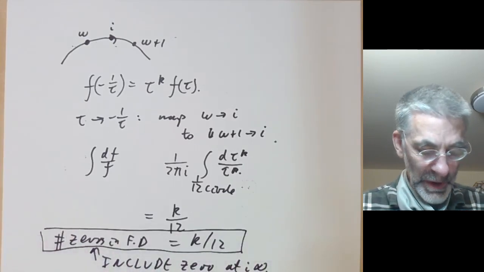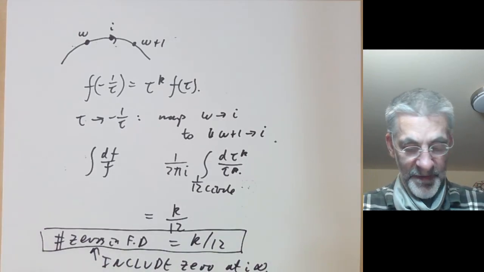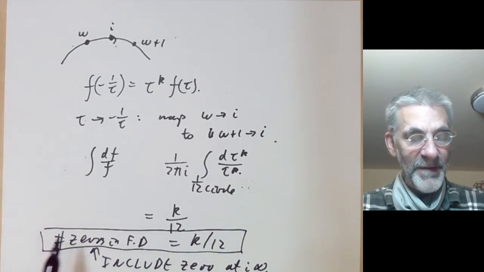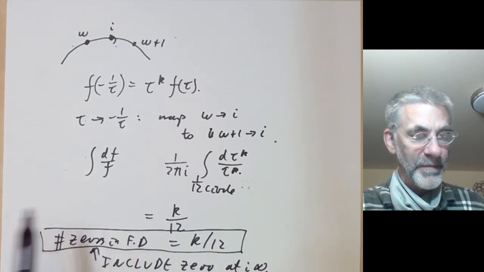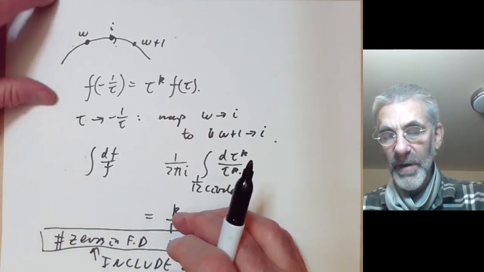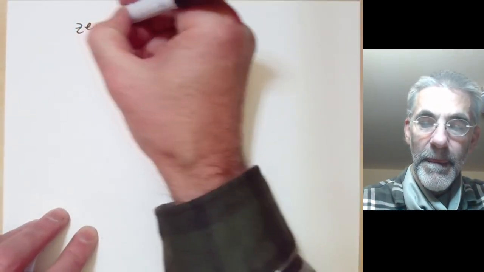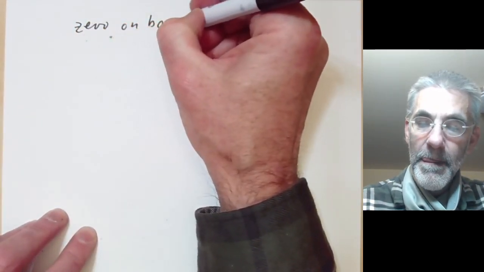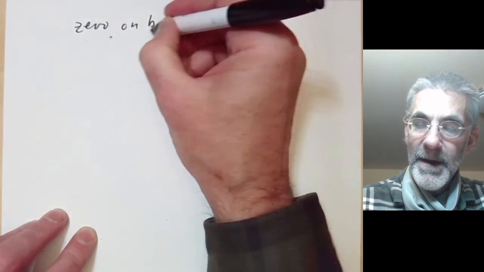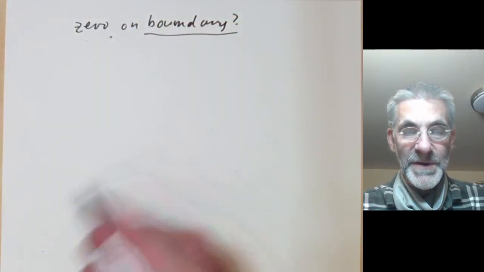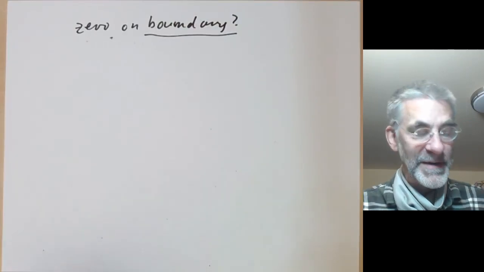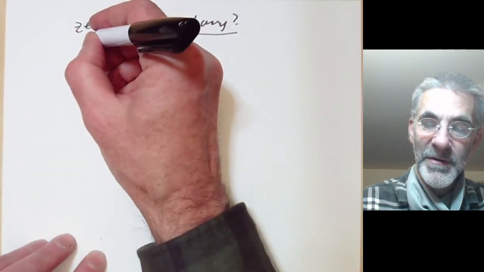However, there's one slightly fishy problem that we haven't yet talked about, and that is the problem of what happens if we have a zero on the boundary. I was implicitly assuming there are no zeros on the boundary, but in fact you quite often get zeros on the boundary, so we need to know what to do about that.